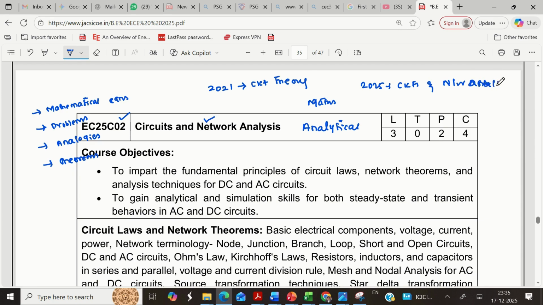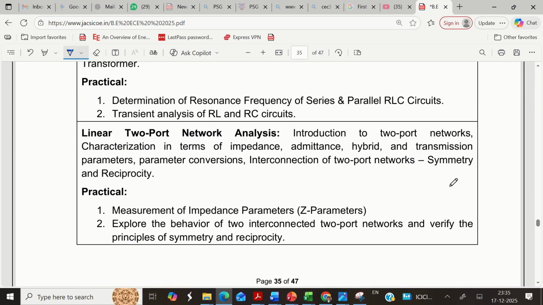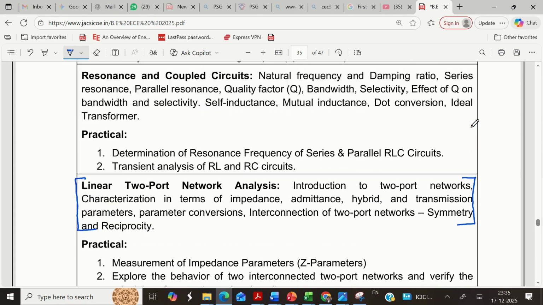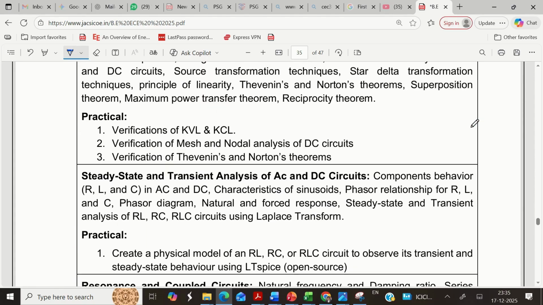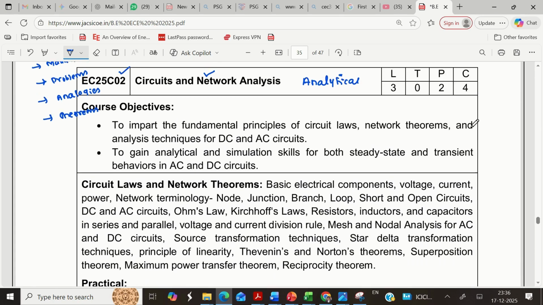The extra part they have added compared to the 2021 curriculum is linear and two-port network analysis. This is a newer addition, though it was an older concept we used to study. The remaining three units are the compressed form of the 5 units of the 2021 curriculum.